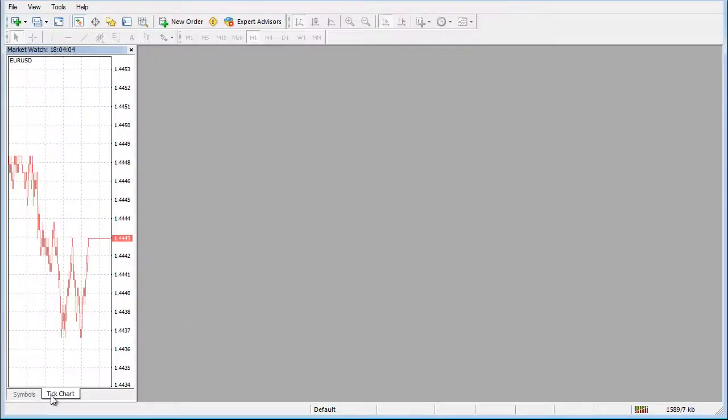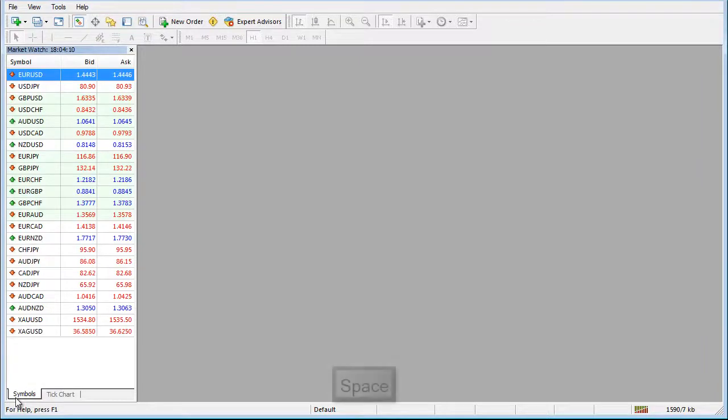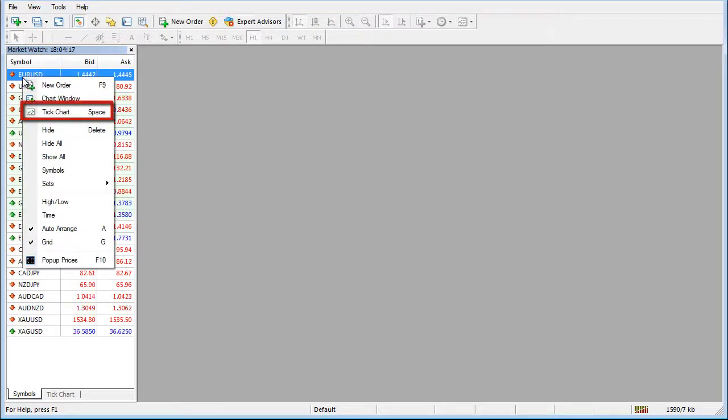From the tick chart, we can see the current bid prices jumping around, which is the same price as on the symbols page. To get there again is either as simple as re-clicking the spacebar or simply clicking the symbols page here to return.